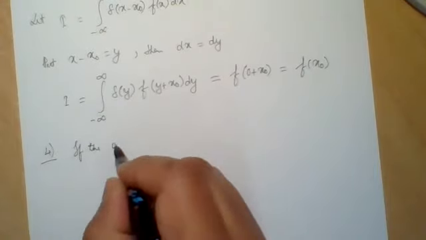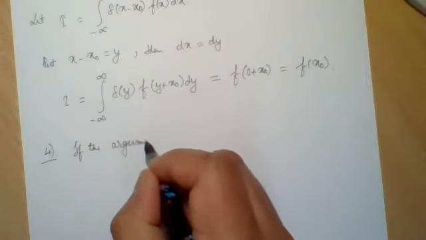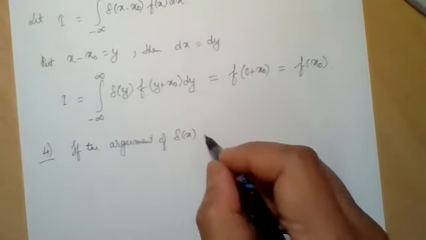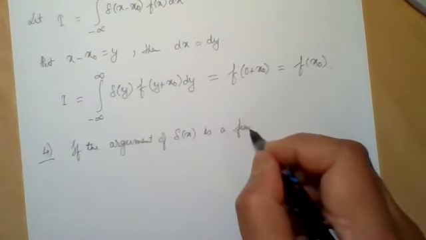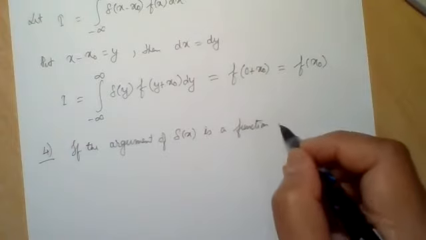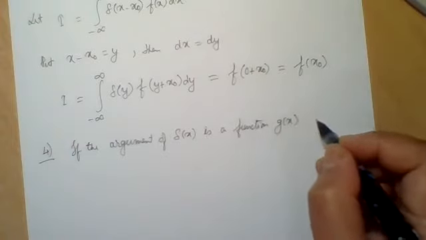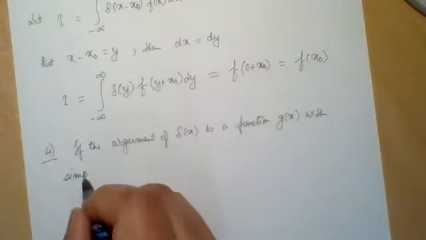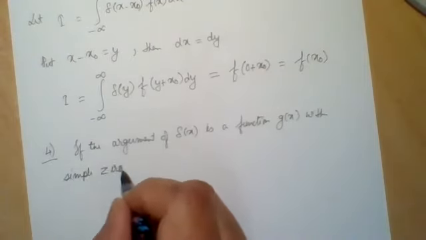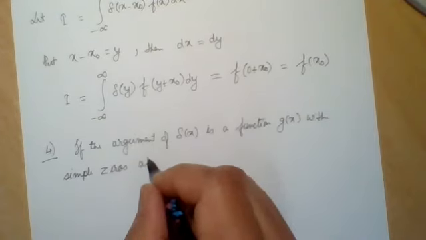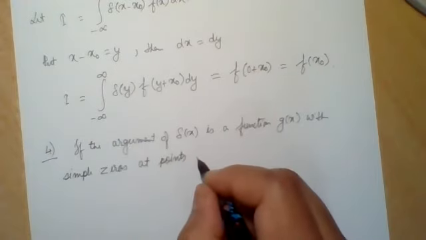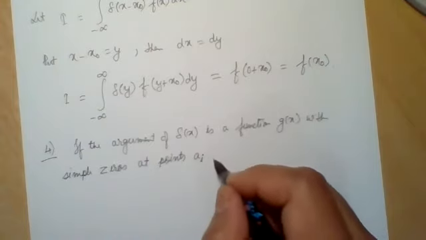If the argument of delta x is a function g of x with simple zeros at points ai on the real axis.